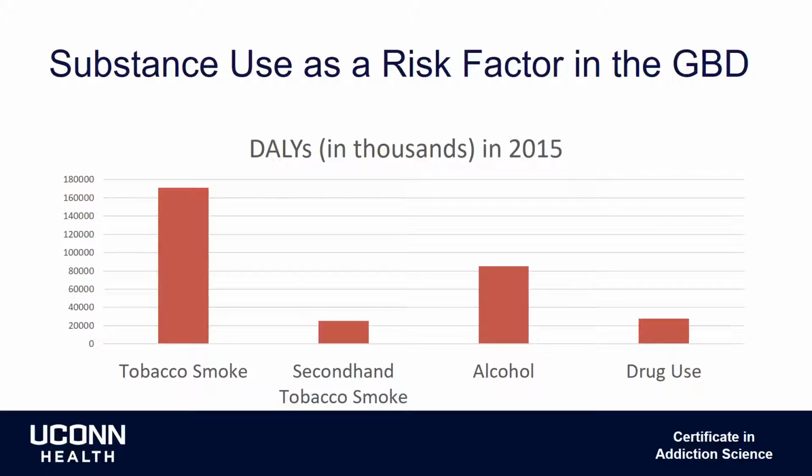So here are the disability-adjusted life years for substance use as a risk factor. Tobacco smoke causes 170,000 DALYs per year. Actually, this is 170 million DALYs per year. I apologize, I read my own chart wrong.